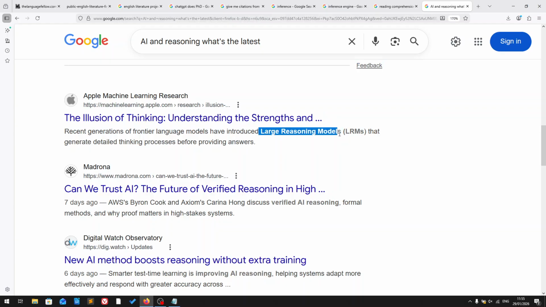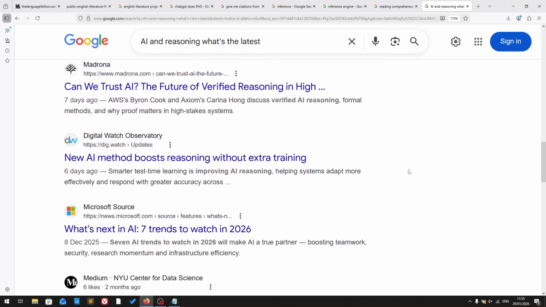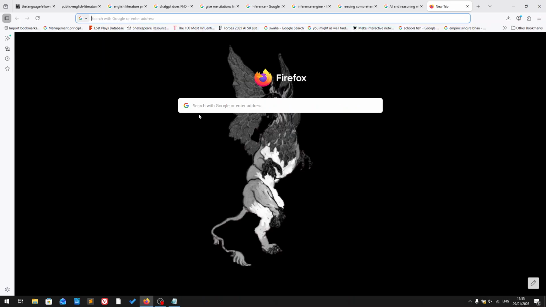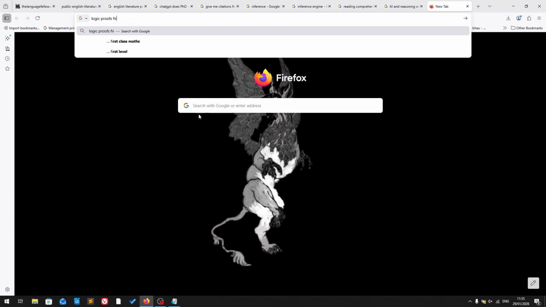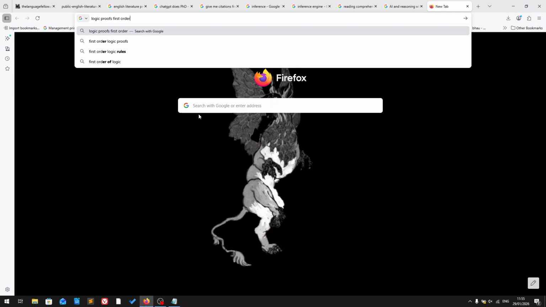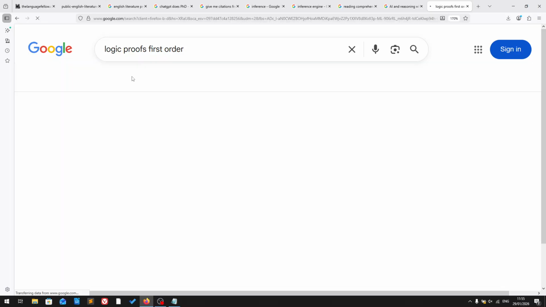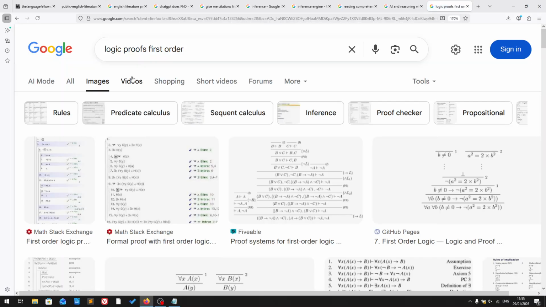That generate detailed thinking process before providing answers, and so on. Verified reasoning. Yeah, so verified reasoning would be logic proofs, first order. Yeah, so that's how you would verify reasoning.